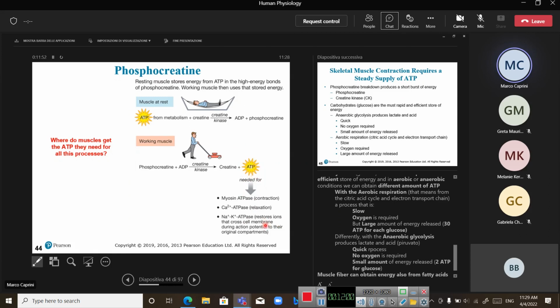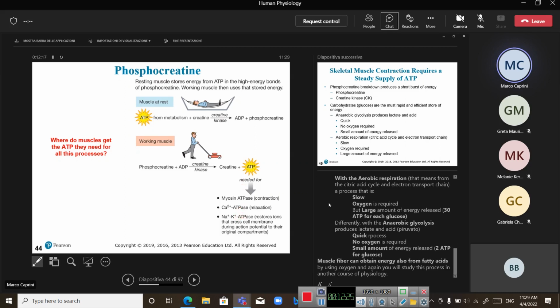The oxygen is required. So when we are doing exercise, our skeletal muscle can use this large amount of ATP, but remember that this ATP is produced slowly, okay, and the oxygen is required.